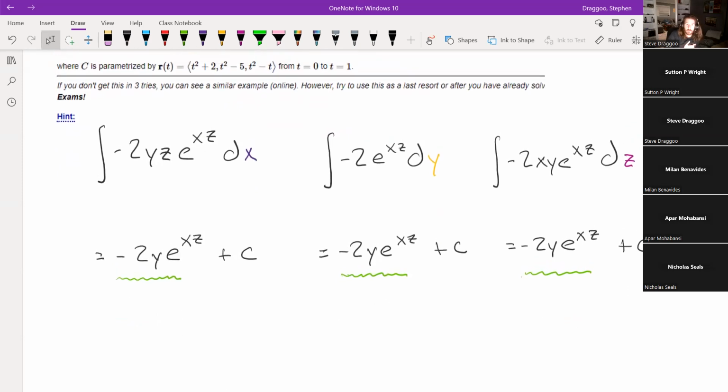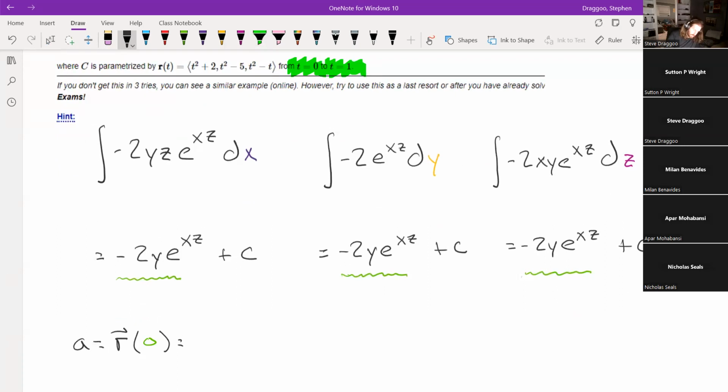I know that I'm looking between t equals 0 and t equals 1. So I'm going to look at r of 0 and call that point A, and then I'll also look at r of 1 and call it point B.